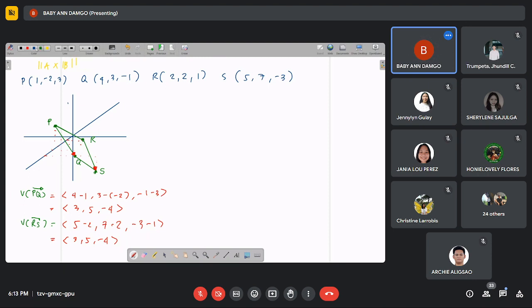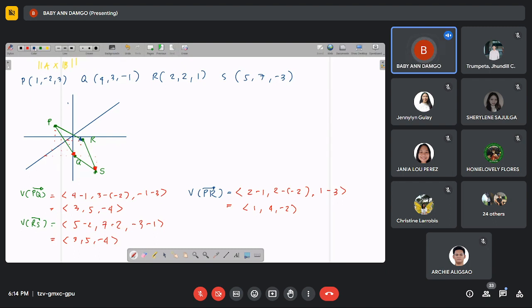Next, we have the vector PR. So P and R: 2 minus 1, 2 minus negative 2, and then 1 minus 3. So this is the vector (1, 4, -2).